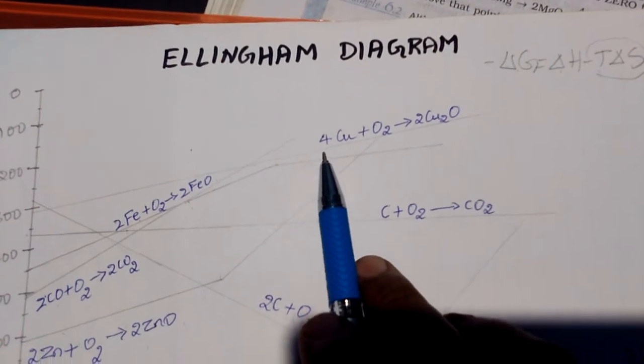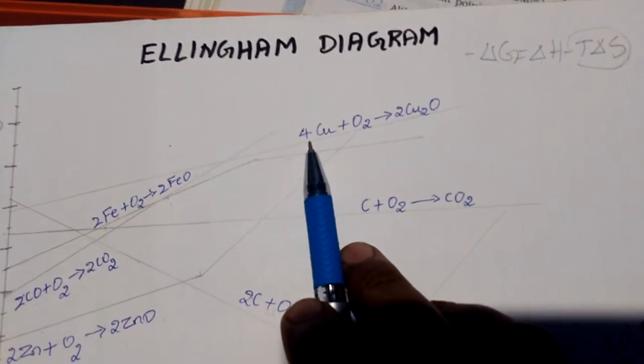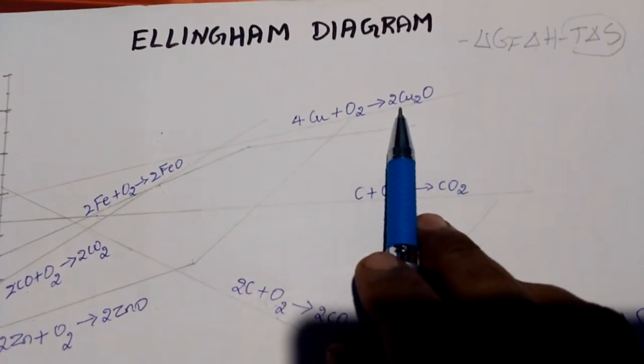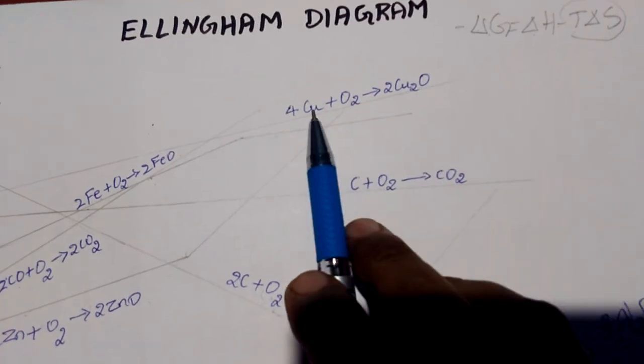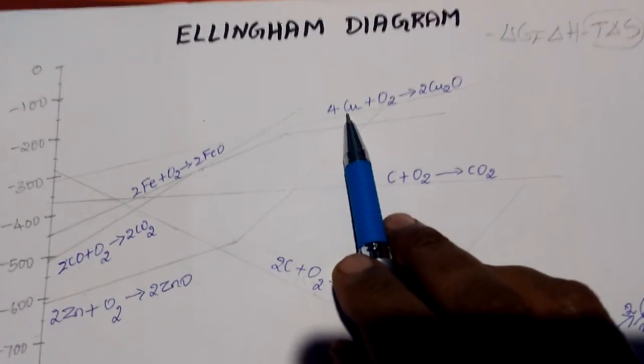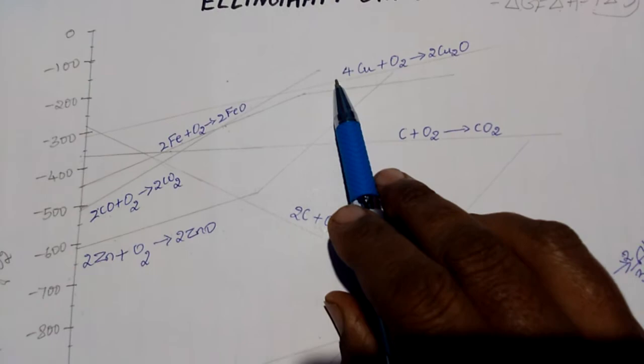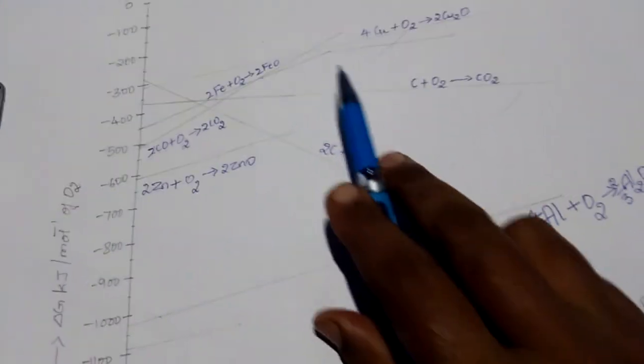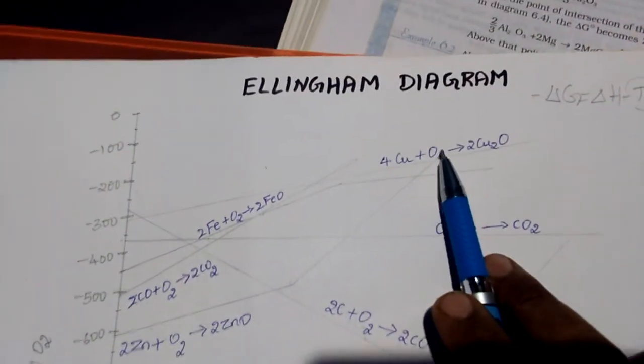Now here, see, the formation of cuprous oxide from copper, which is above all these lines, means anyone can become the reducing agent.